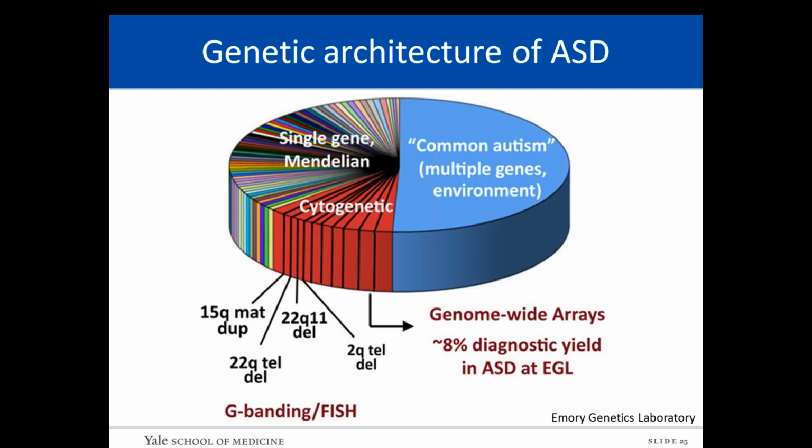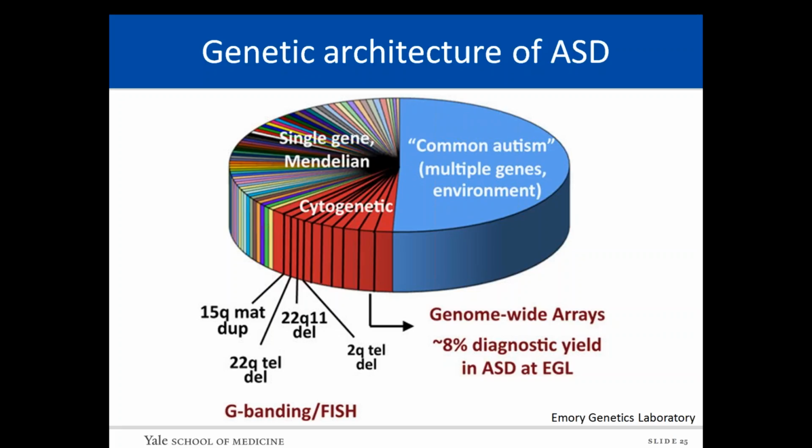I like this slide from the Emory Genetics Laboratory looking at the genetic architecture of autism and how much heterogeneity there is. There is definitely a subset of cases of autism affected by single gene disorders, like those defined genetic syndromes that I showed before.